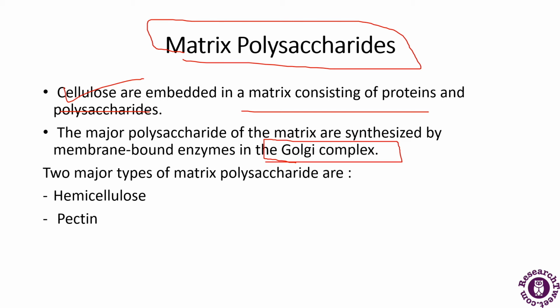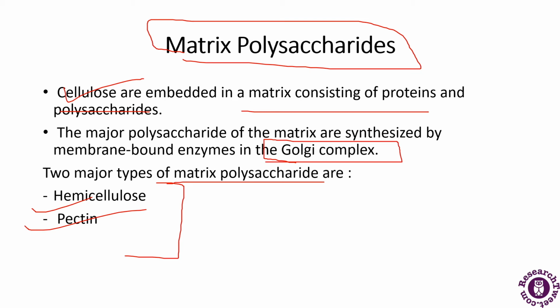Matrix polysaccharides are further divided into two categories, hemicellulose and pectin. Hemicellulose is a heterogeneous group of highly branched polysaccharides that are hydrogen bonded to the surface of cellulose microfibrils.